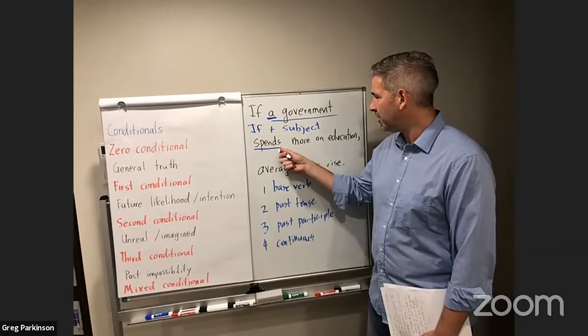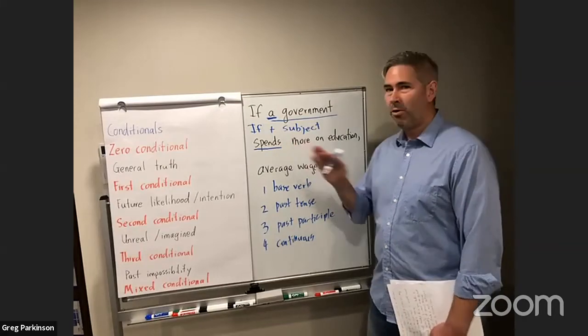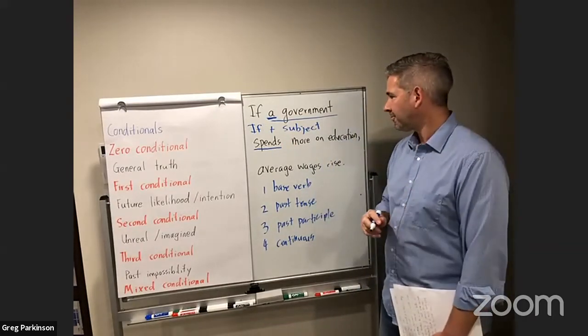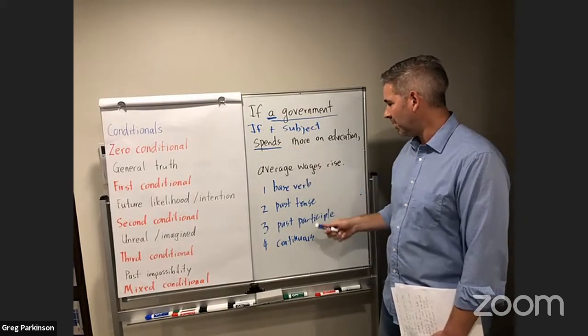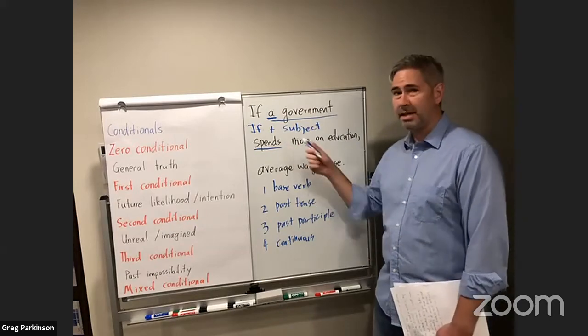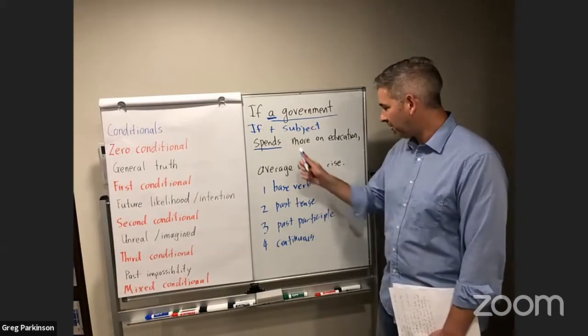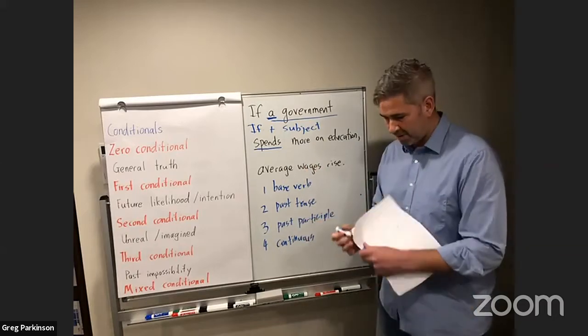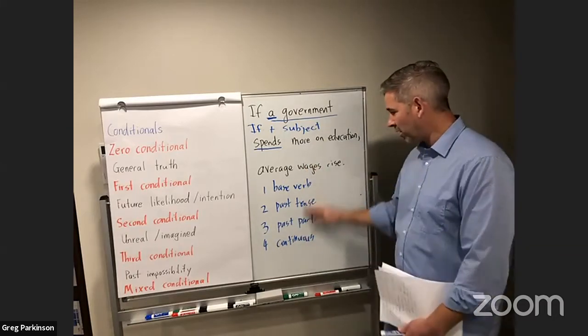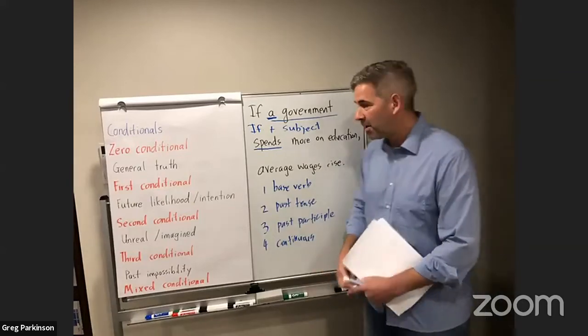So what I want you to do, which form is this, right? Is it the base verb form? Is it the past tense form? Is it the past participle form? Or is it continuous? If you have no idea what these forms mean, let me give you an example.